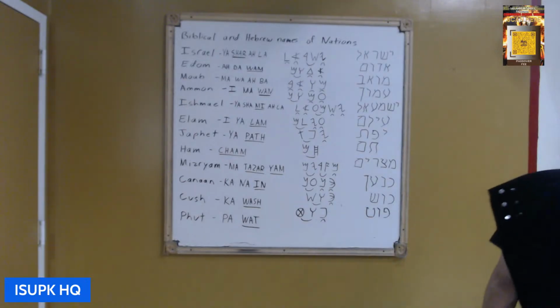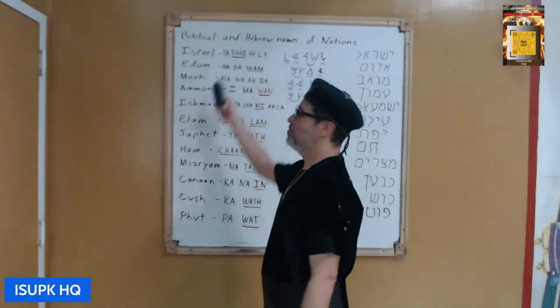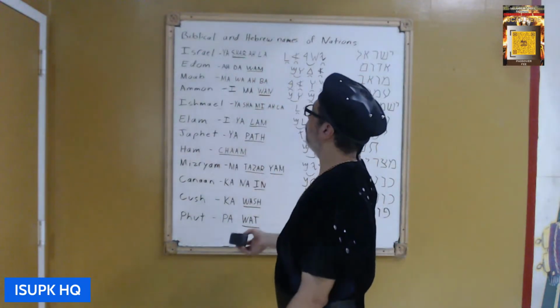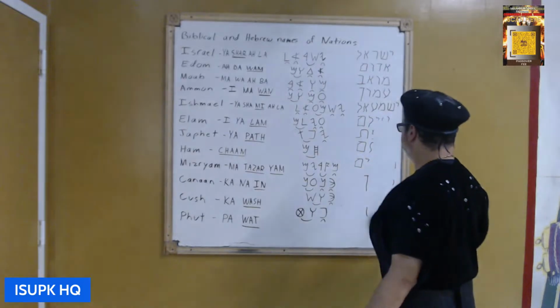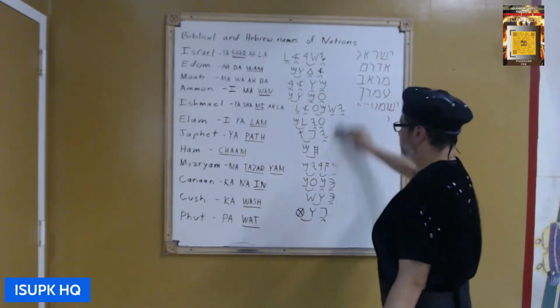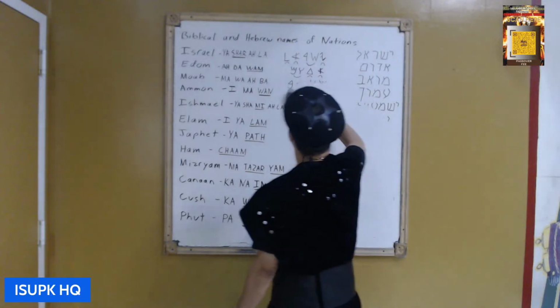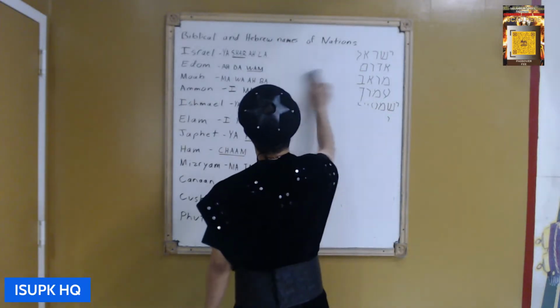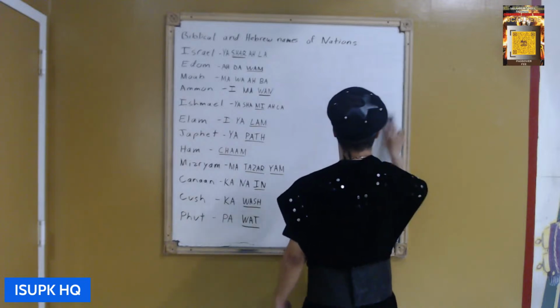Now what I want to teach you is where to actually find these names in the Bible. Where do they come up? At least the first reference to them.